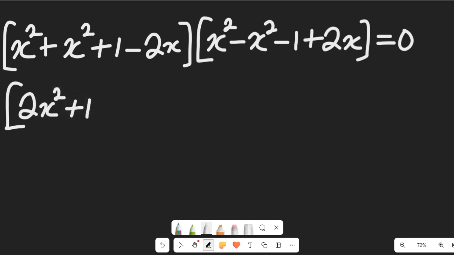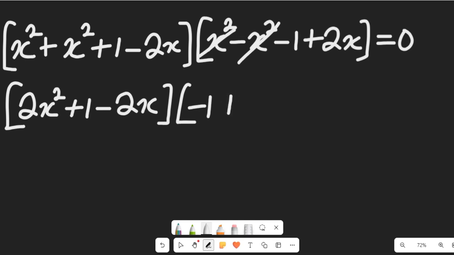plus 1 minus 2x, and this will be multiplying. This is going to clear, cancel this, and then we'll be left with negative 1 plus 2x, and all these will be equal to 0. Good. Now let's simplify this.